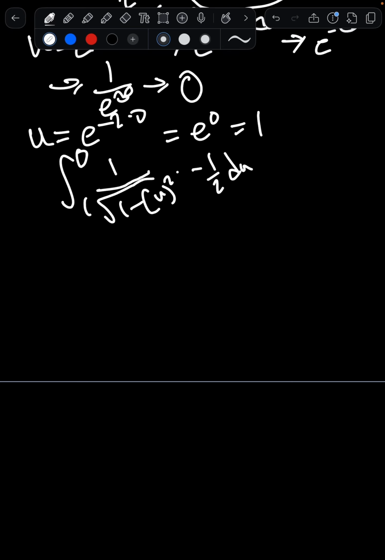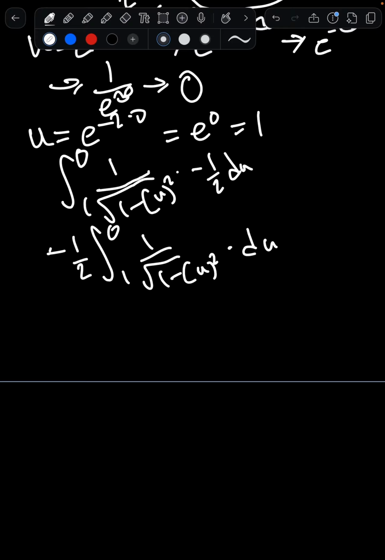So now looking at this, we can still factor out our constant, right? And we get negative 1/2 from the integral 1 to 0, 1 over square root 1 minus u squared times du.